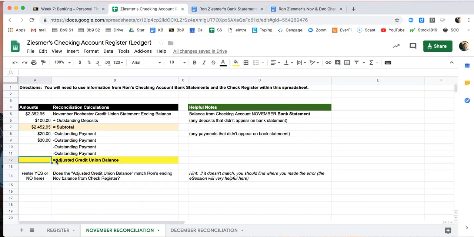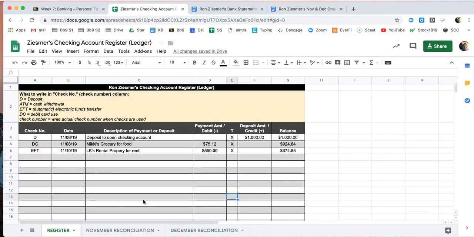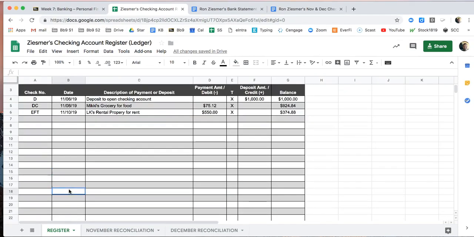What you want to happen is once you get this adjusted balance, since we're doing it through November 30th, you go back to your register and find the November 30th date, or at least the last November transaction.